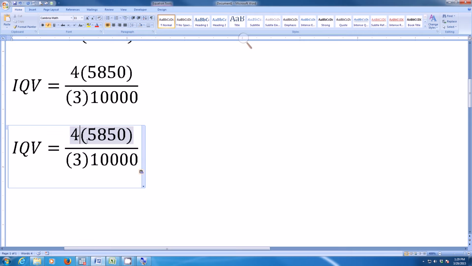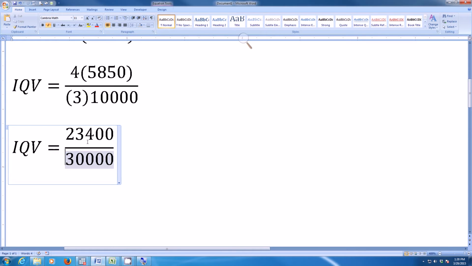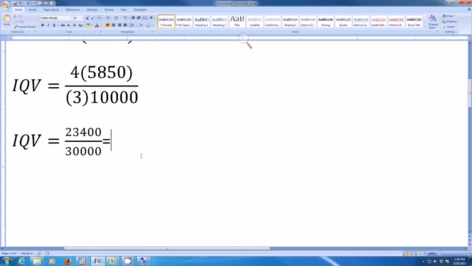So in my numerator, this value is going to come out to 23,400. In my denominator, I'm going to have 30,000. And that's just going to equal 0.78, or 78% if I express it as a percentage.